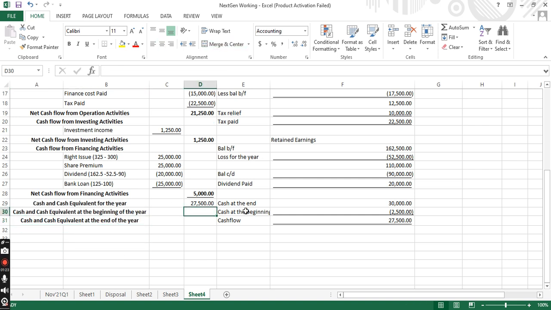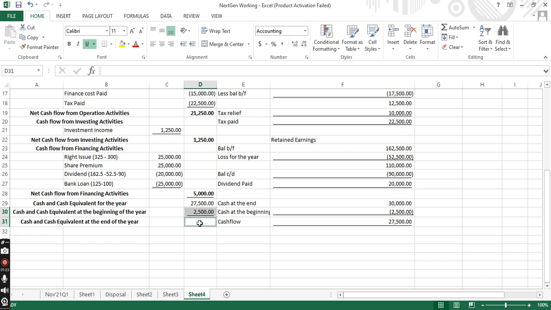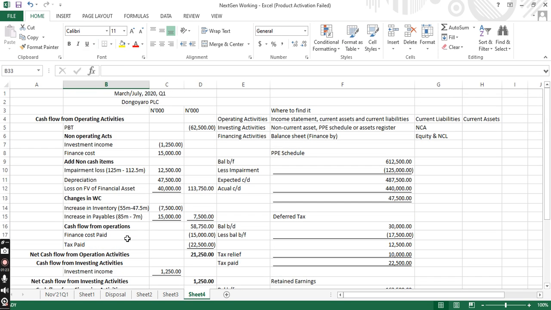So what's our cash equivalent at the beginning of the year? 2,500. It's positive, right? So once it is positive, you will definitely have your cash at the end of the year, which is 30,000. Any question? So in the absence of question, we hang our books here for this night. See you all in our next class.